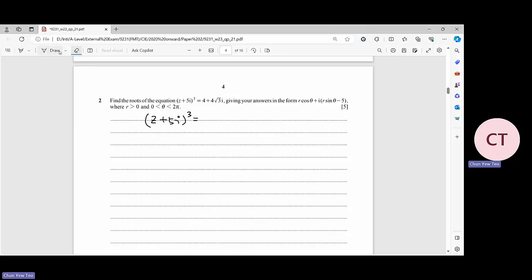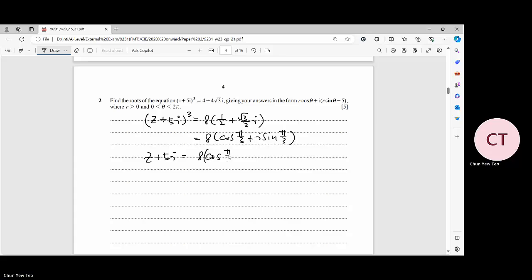In order to change to polar form, I just take the 8 out, then I get a half plus root 3 over 2 i. Then 8 is the modulus. Then the half plus root 3 over 2 i will be cos pi over 3 plus i sine pi over 3. You can just apply the result directly. Then z plus 5i, you need to take the cube root of the whole thing here.